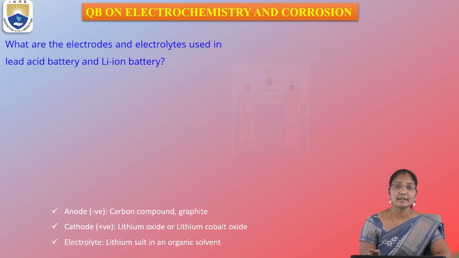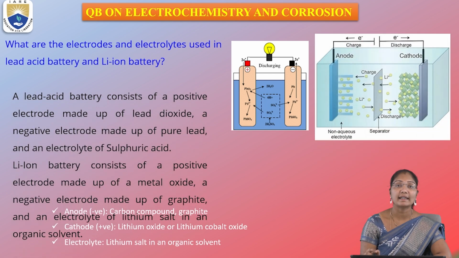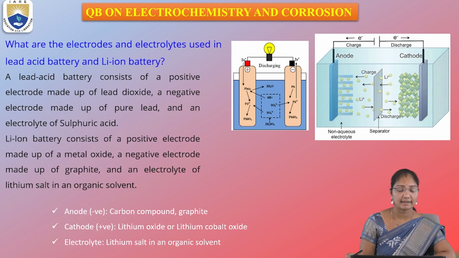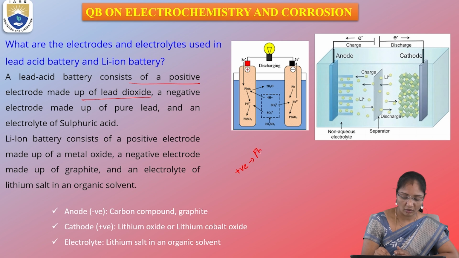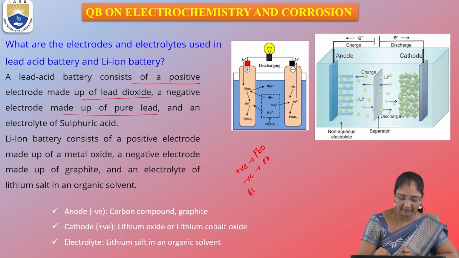Coming to another question: what are the electrolytes and electrodes used in the lead acid battery and the lithium ion battery? A lead acid battery consists of a positive electrode of lead oxide, PbO2, and a negative electrode made of pure lead, Pb, and the electrolyte is H2SO4, sulfuric acid.